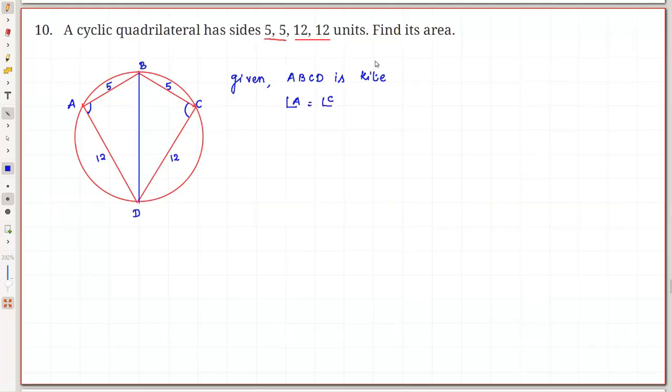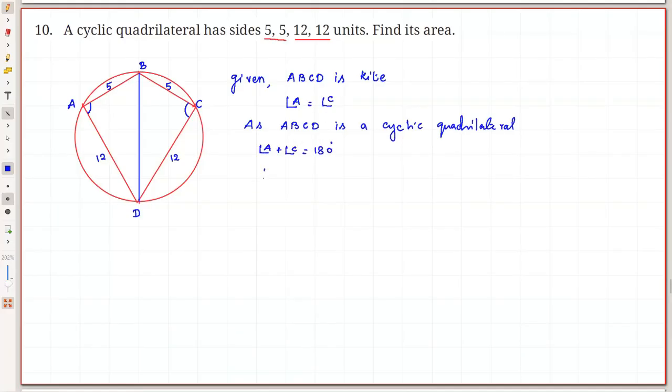Now, ABCD is a kite as well as a cyclic quadrilateral. Why? Because all the 4 points are lying in a circle. As ABCD is a cyclic quadrilateral, the sum of two opposite angles is equal to 180 degrees. Angle A plus angle C is equal to 180 degrees.